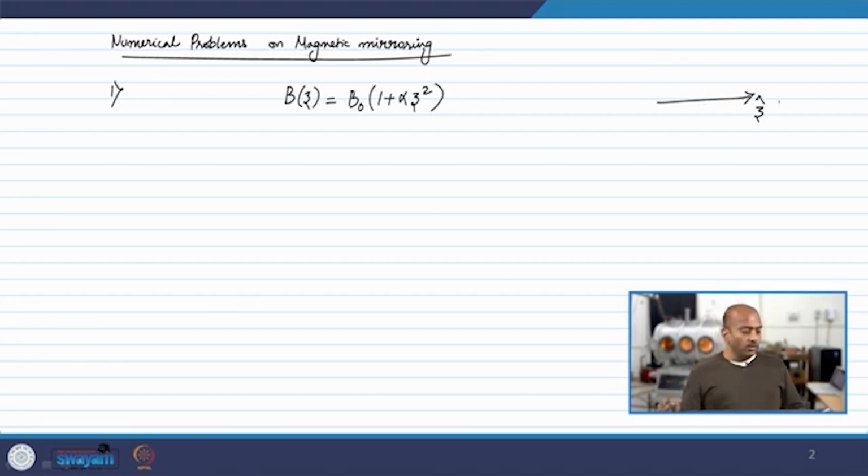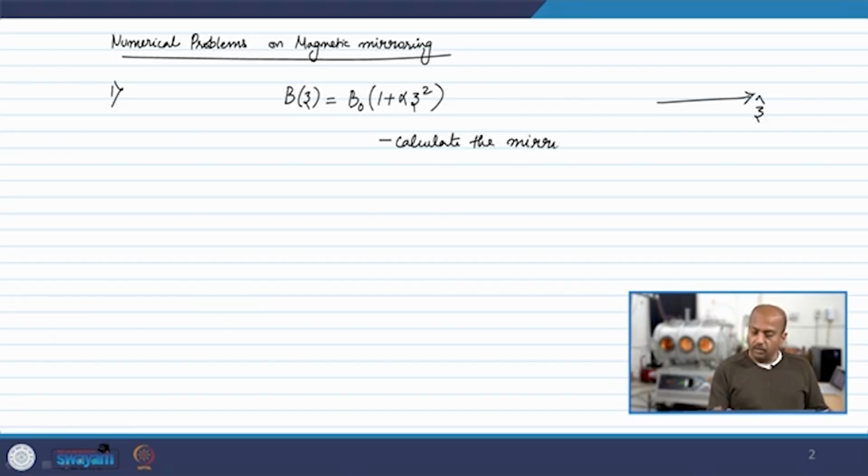Now what we have to do is, if this is the configuration that we have been given, we have to calculate the mirror points. What are the mirror points?